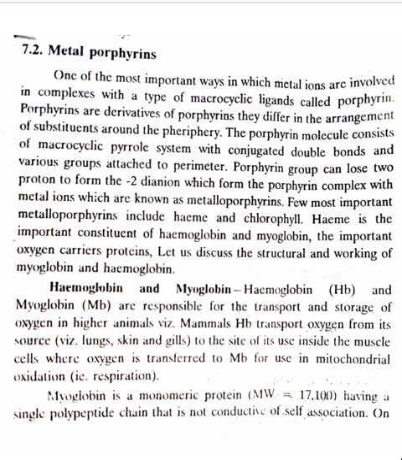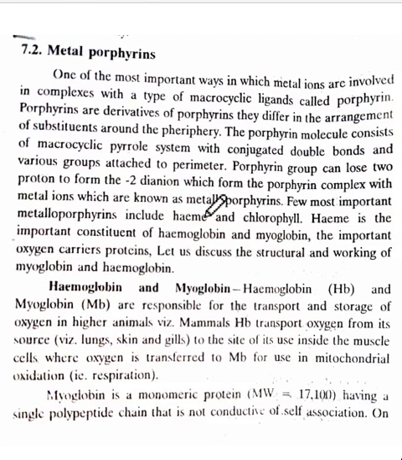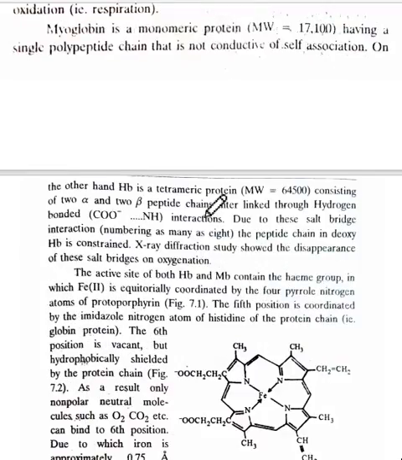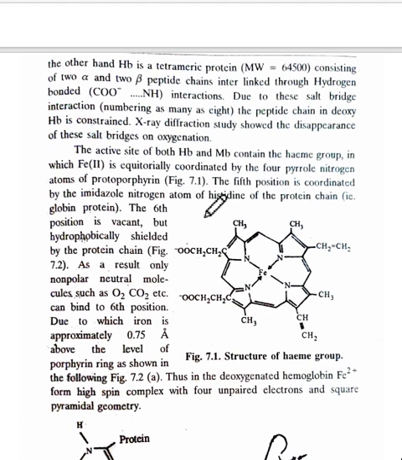Myoglobin is a monomeric protein with molecular weight 17,100, having a single polypeptide chain that is not conducive to self-association. On the other hand, hemoglobin is a tetrameric protein with molecular weight 64,500, consisting of two alpha and two beta peptide chains interlinked through hydrogen bonded COO minus NH3 plus interactions.